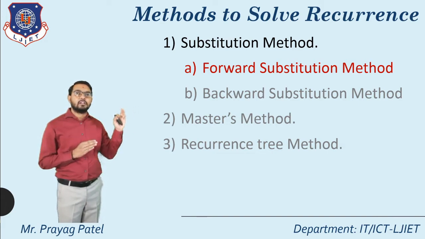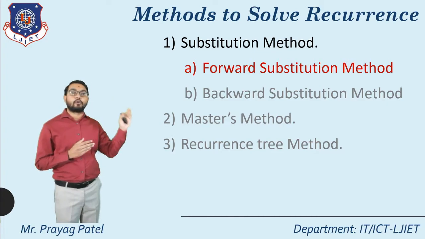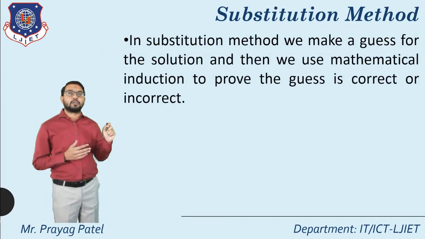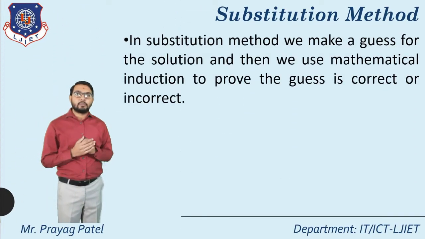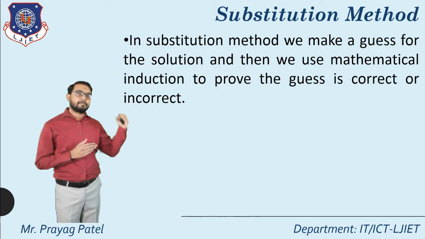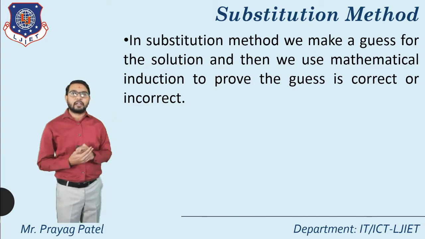Now, among all the methods to solve the recurrence equation, first we consider the forward substitution method. First, what is the substitution method? In the substitution method, we make a guess for the solution and then use mathematical induction to prove that the guessed pattern is correct or incorrect.